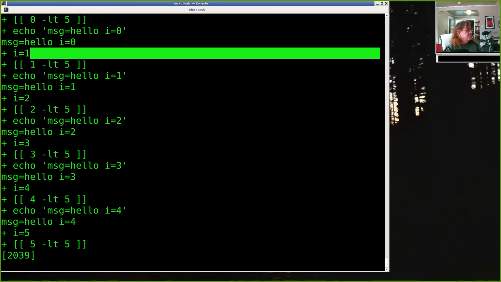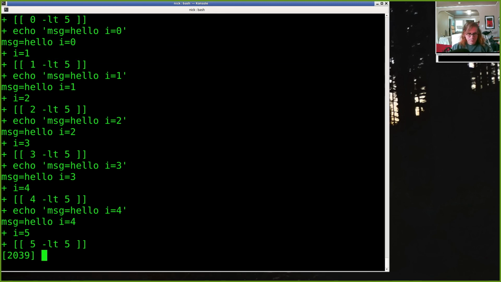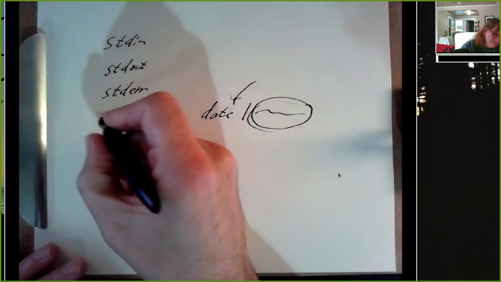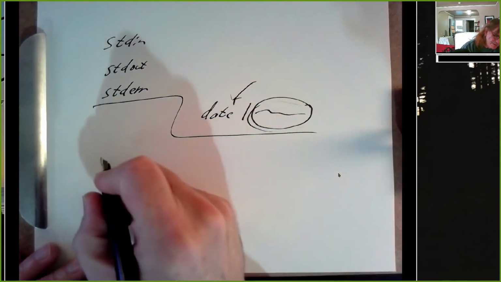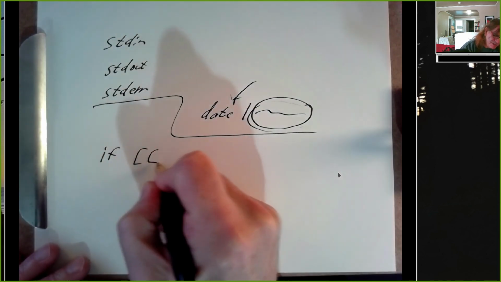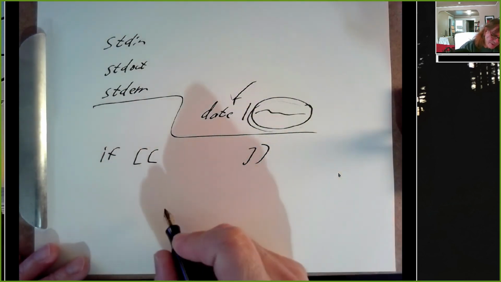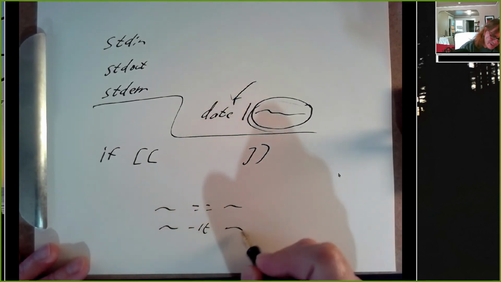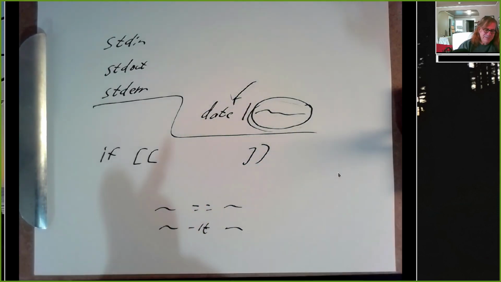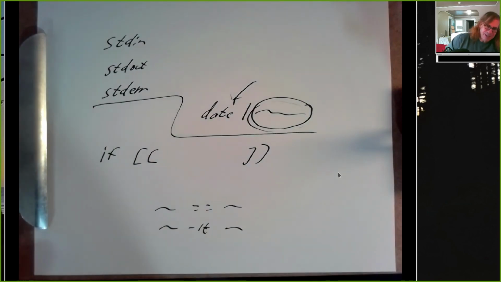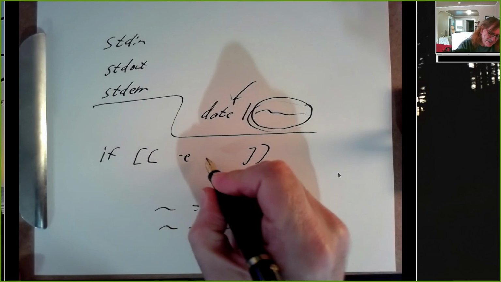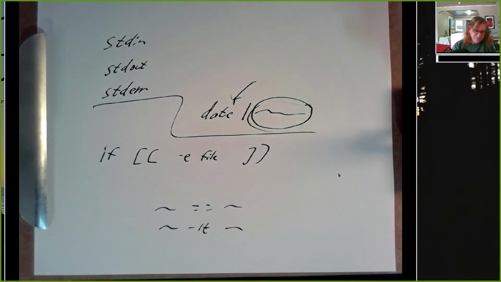All right, let me mention one other thing. Again, this is not something we particularly need for this assignment. But our if statements, mostly we've done something equals or something is less than something. But there's a bunch of conditions you can put in here related to files. So for example, we can say if -exist file.